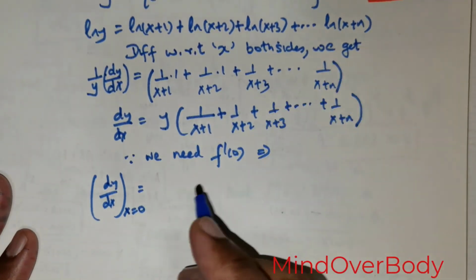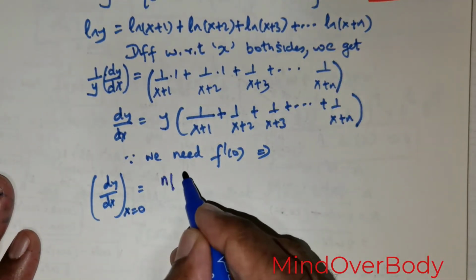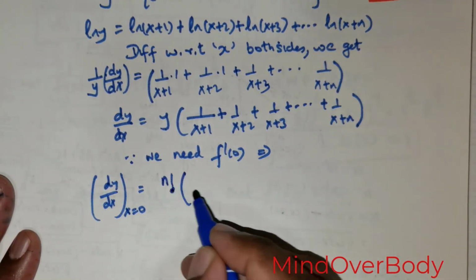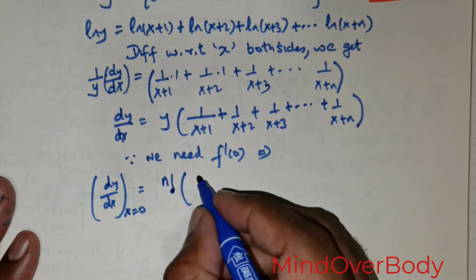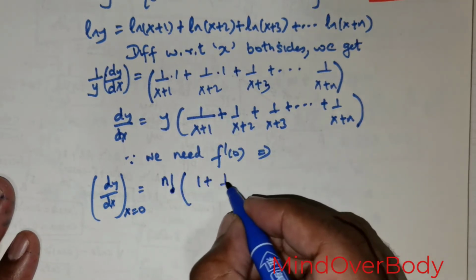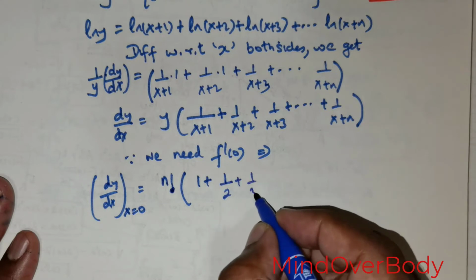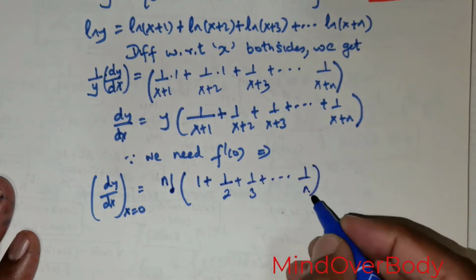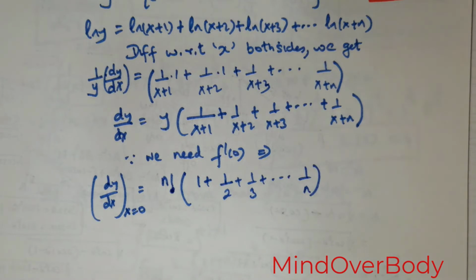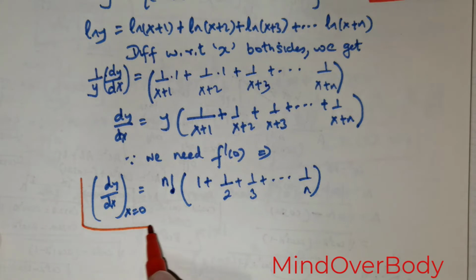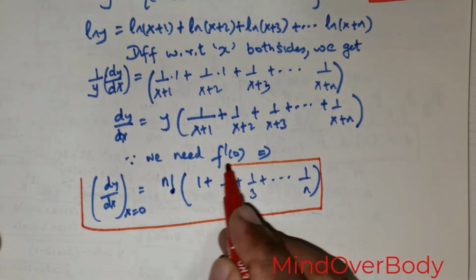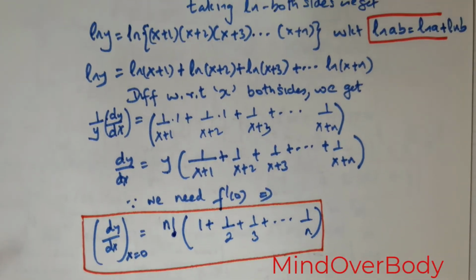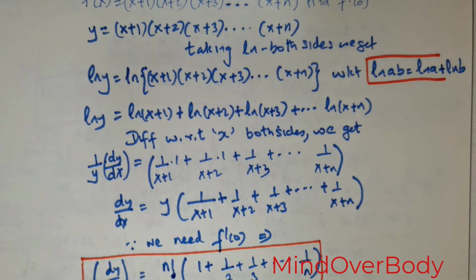So this is n factorial times (1 plus 1 over 2 plus 1 over 3 plus and so on, 1 over n). And that is exactly the required solution, and that's a good place for us to draw the red box. So we'll move on to the next question.